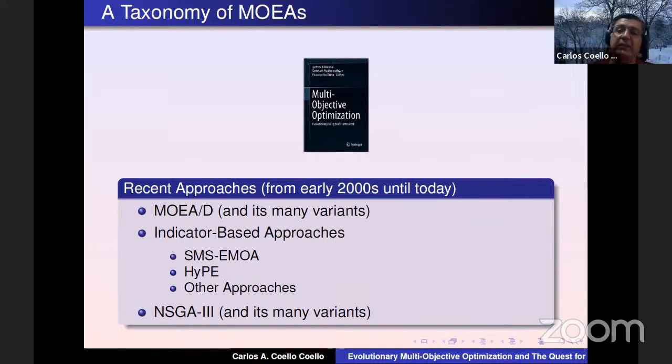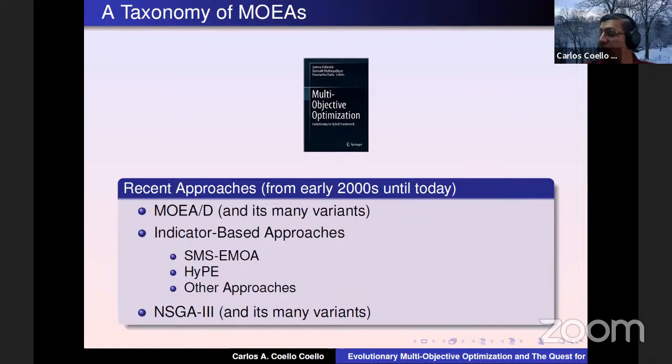introduced by Zitzler in the year 2004. But the most popular has been SMS-EMOA, which is a variation of NSGA-II in which, instead of using the crowded comparison operator from NSGA-II, they use a performance indicator called the hypervolume. I will get to that in another slide.